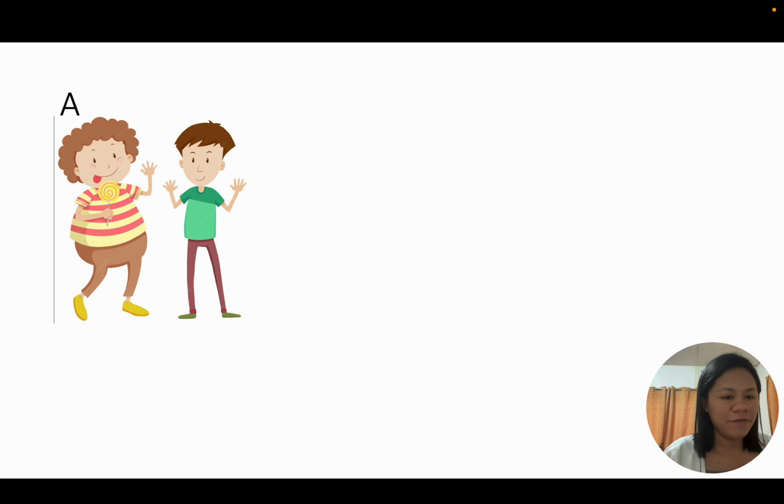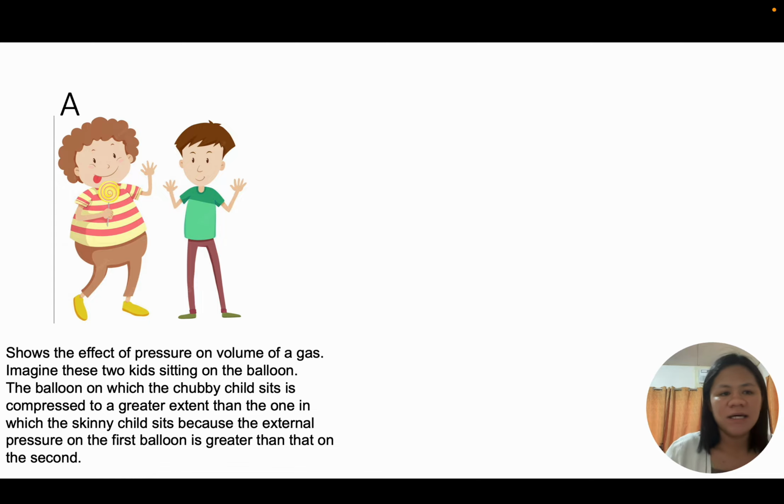I have here an example which relates to gases. This portion shows the effect of pressure on the volume of a gas. Imagine these two kids sitting on balloons.